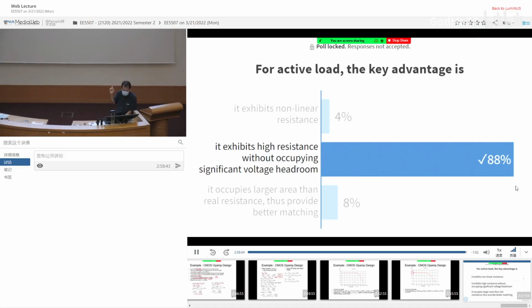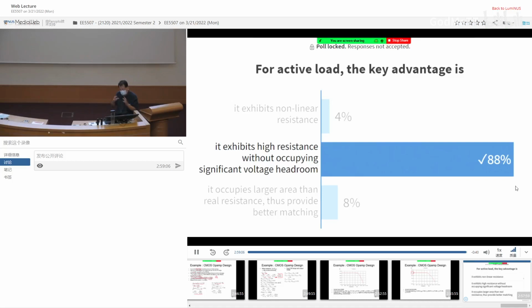Now the third one actually is the other way. The transistor occupies a much smaller area. To get 100K, you lay out the real resistor, a lot of area. You lay out a transistor, it occupies very little. Now, matching-wise is a different story. Matching-wise, we always like larger area.